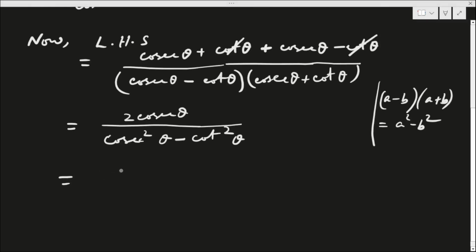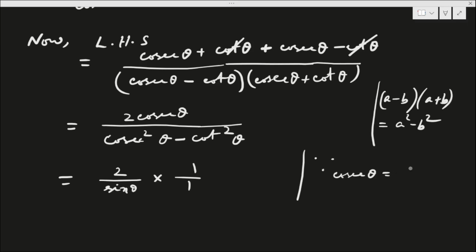This last step may be reduced to 2 by sin theta into 1 by 1, as writing here, cosec theta is 1 by sin theta from trigonometry.